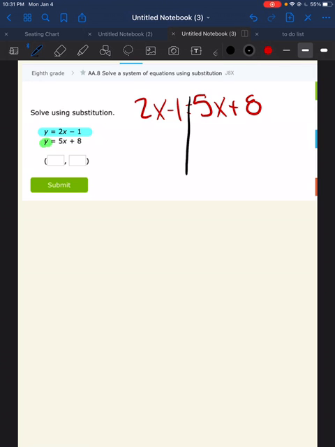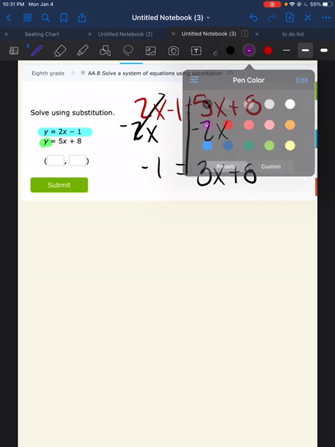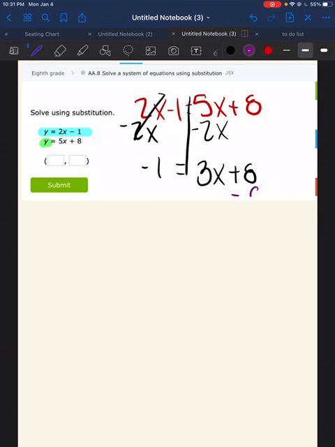Okay, so let's bring the 2 over. So we will subtract 2x. We have the negative 1. We get a 3x plus 8. I'm going to get rid of that constant 8 by subtracting on both sides.